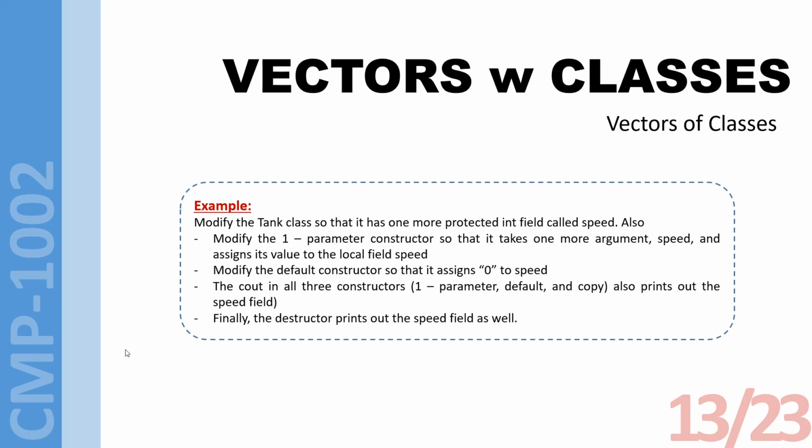I'd like to add one more protected field, which is called speed. And I'd like to modify the one parameter constructor so that it takes one more argument, again called speed, and assigns its value to the local field speed. Modify the default constructor so that it assigns 0 to speed. All 3 constructors, the one parameter, default, and the copy, all of these couts should also print out the speed field. And similarly, the destructor should also print out the speed field as well.